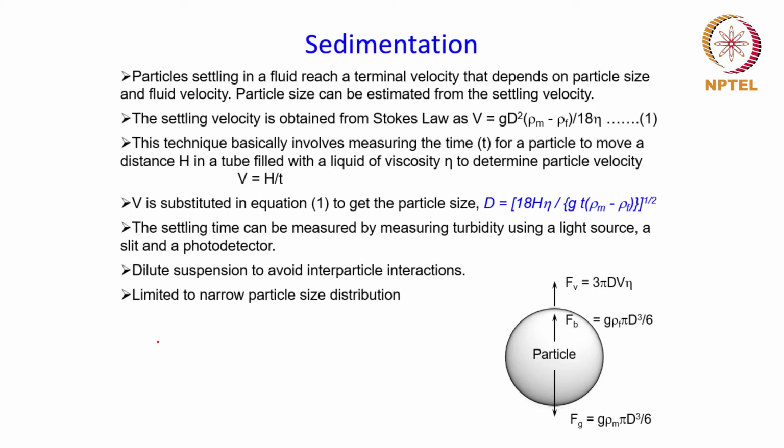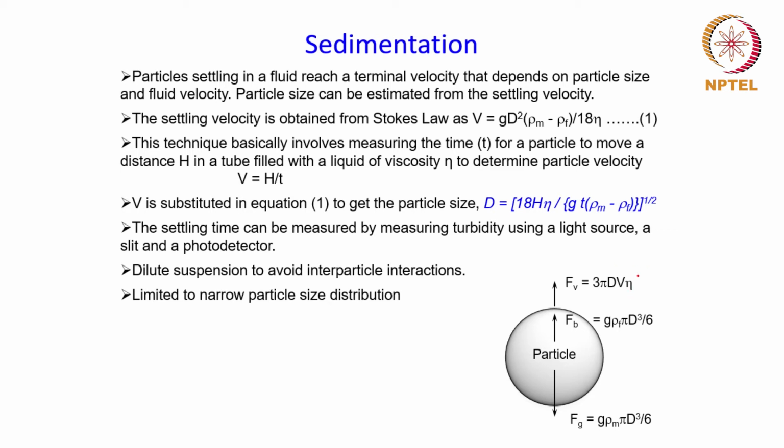So the apparatus basically consists of a tube which contains a fluid in which the particles are dispersed, and when a particle moves through a fluid, these are the forces which will act on it.